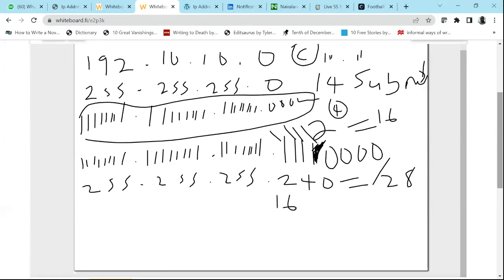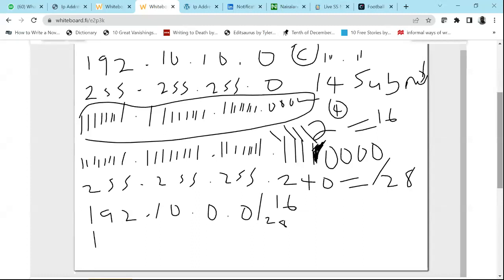So what that means is your new IP now is 192.10.10.0 slash 28. That is 240. Incremental value of 16. Because this is the last octet that we did that manipulation, our increment will be in the last octet.